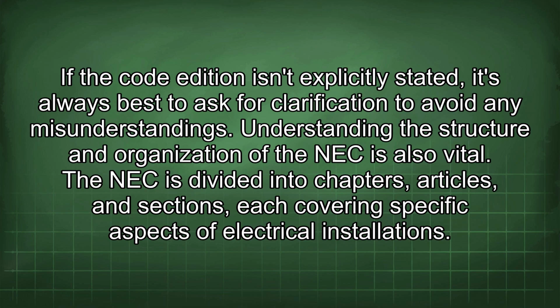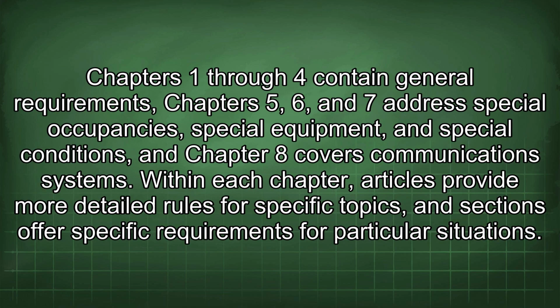Understanding the structure and organization of the NEC is also vital. The NEC is divided into chapters, articles, and sections, each covering specific aspects of electrical installations. Chapters 1 through 4 contain general requirements. Chapters 5, 6, and 7 address special occupancies, special equipment, and special conditions, and Chapter 8 covers communication systems.